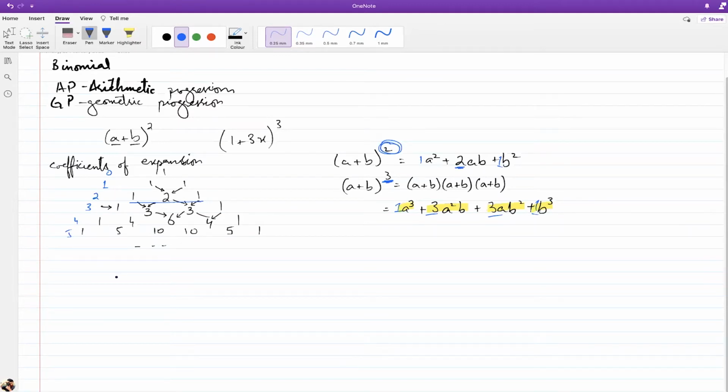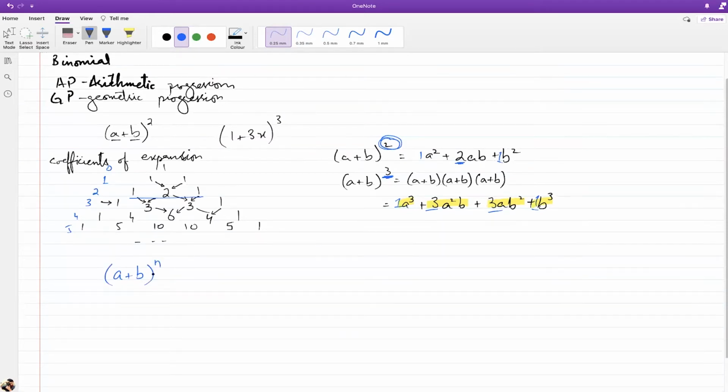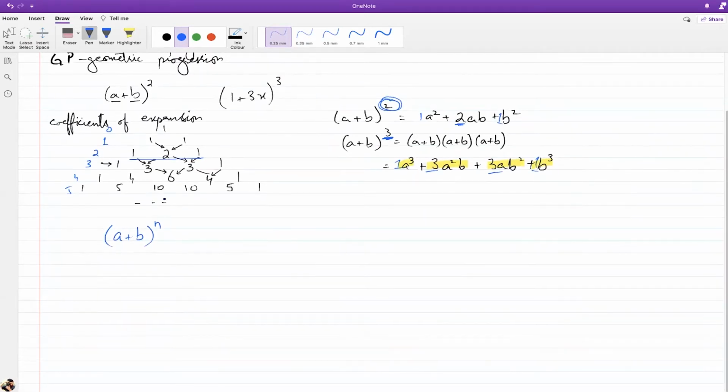Basically, here's the general formula. You have a plus b power n. And by the way, Newton was the guy who discovered this. How do you make it up? You first put the coefficients here. These coefficients have a name. The first coefficient, you can think of it like this. n is the total number.